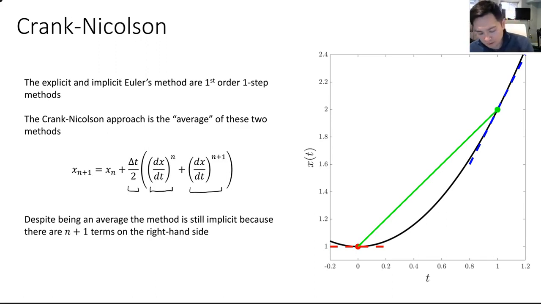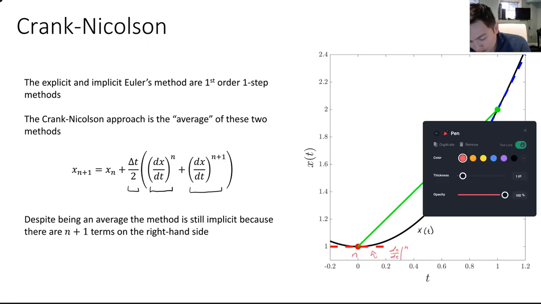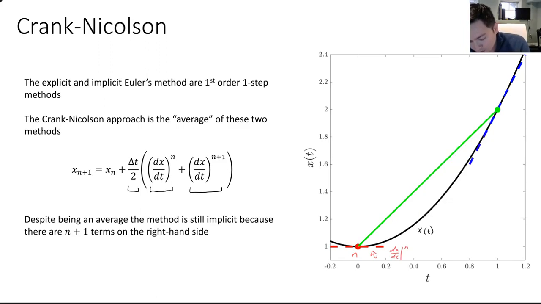So graphically, we have our plot here in black. This is our x of t. At our current time, our current state, time index n, we have our slope approximation dx dt at time index n. At our n plus 1 state up here, we can get our approximation for our dx dt at n plus 1.